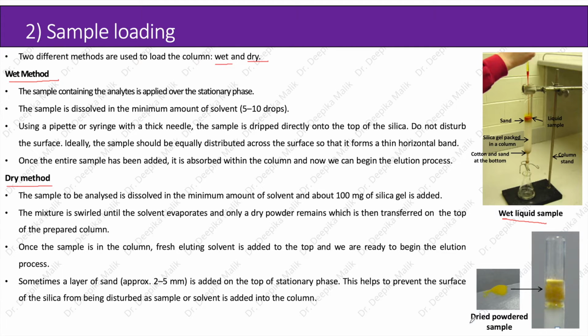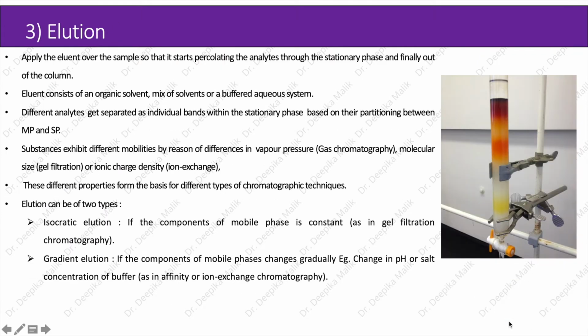After sample loading, the next step is elution. Apply the eluent over the sample so that it starts percolating the analytes through the stationary phase and finally out of the column. Eluent consists of an organic solvent, a mix of solvents, or a buffered aqueous system. Different analytes get separated as individual bands within the stationary phase based on their partitioning between the mobile phase and stationary phase.